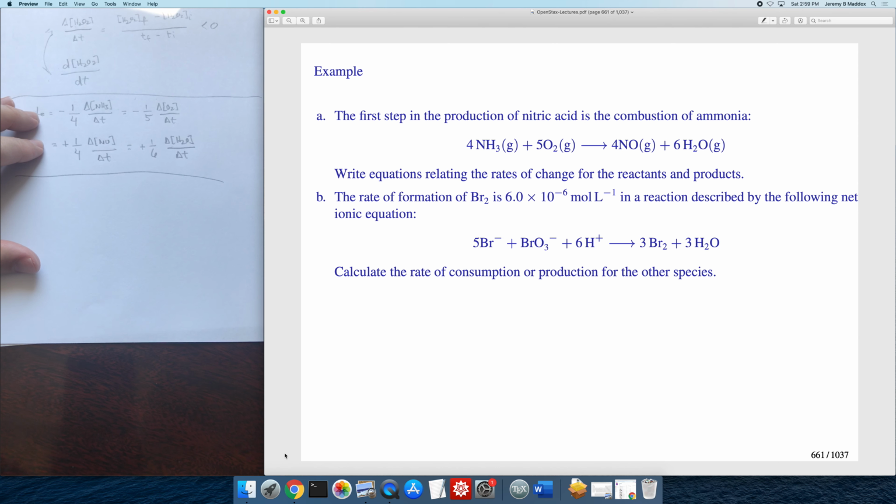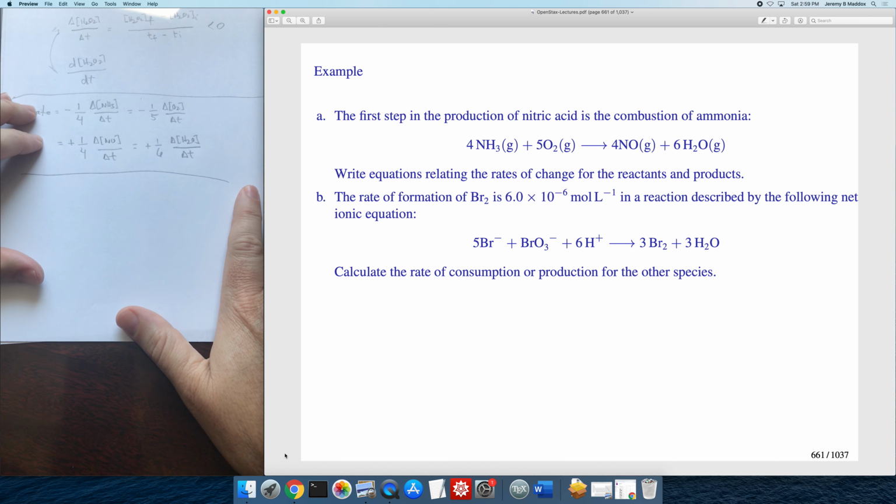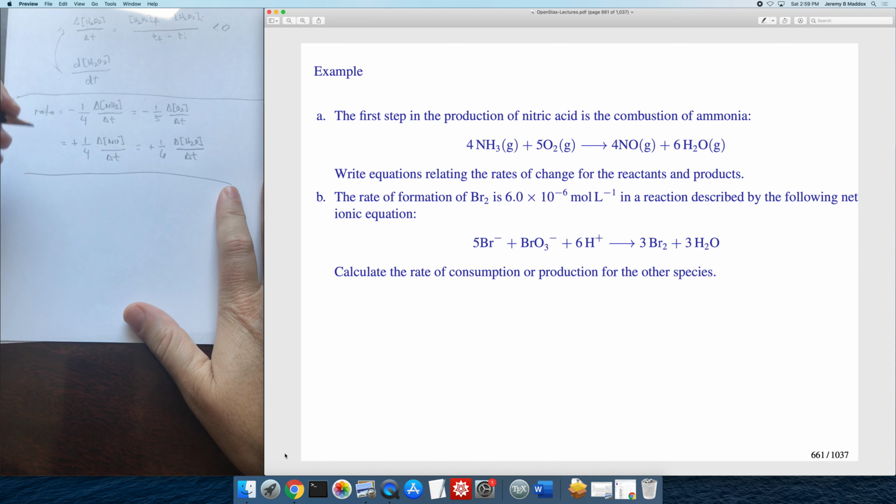So here, they are telling us that the rate of formation of bromine is 6.0 times 10 to the minus 6 moles per liter. And there's some semantics here. What do they mean by the rate of formation of bromine? Well, bromine is a product here.